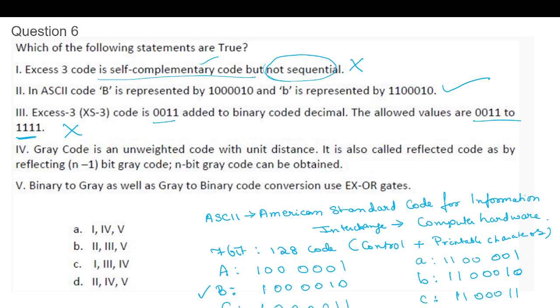Gray code is an unweighted code we have seen, and with unit distance, and we can obtain using the reflection method. And binary to gray, gray to binary, we have seen by using XOR gate we can obtain the conversion. So the correct answers, true options are 2, 3, 4 and 5. Option D.